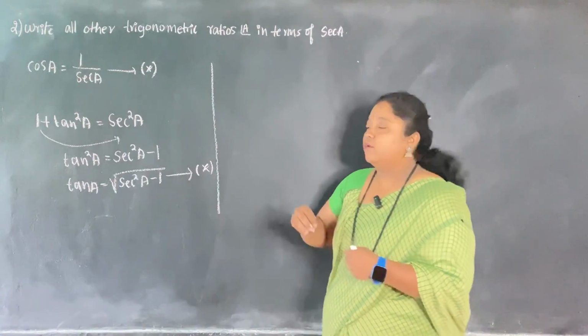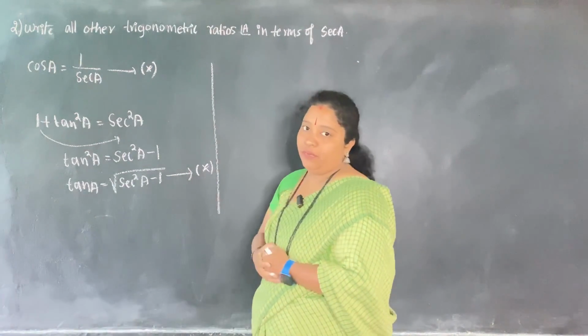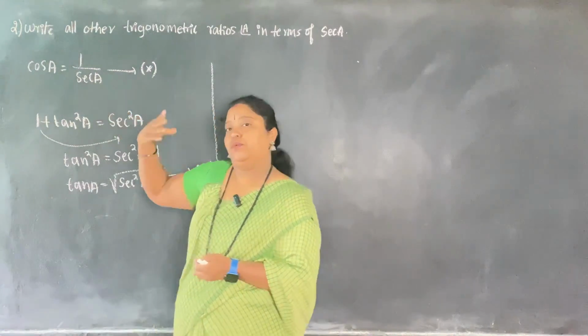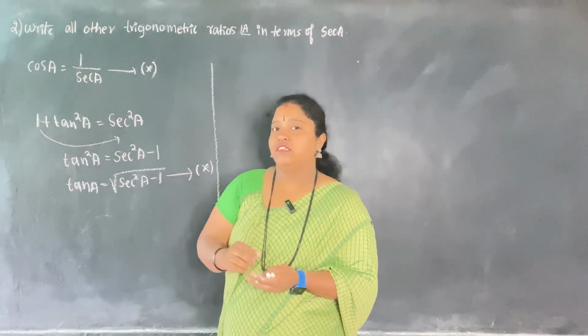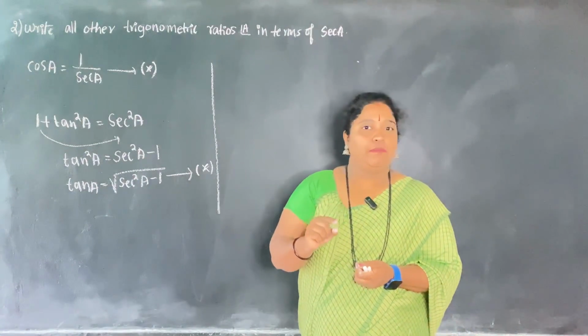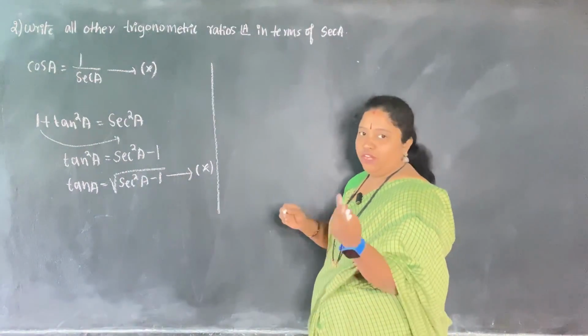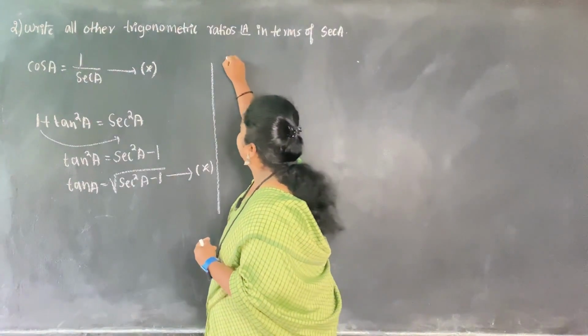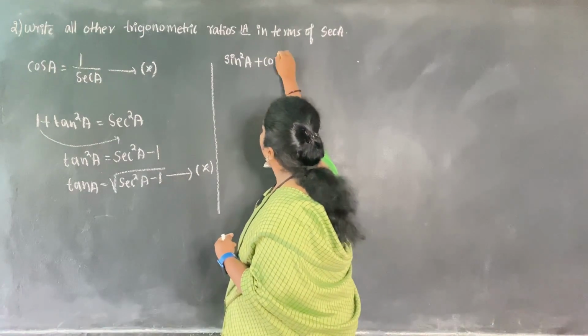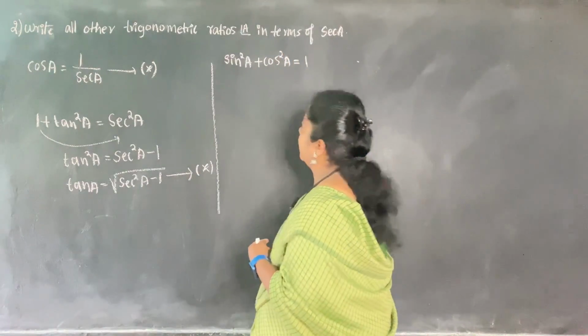Now dear, we'll move to the next trigonometric ratios. Now cos is related to whom? Sine. Which is the trigonometric identity that gives the link? Sine square theta plus cos square theta equal to 1. We'll use that one. I'll write sine square A plus cos square A is equal to 1.